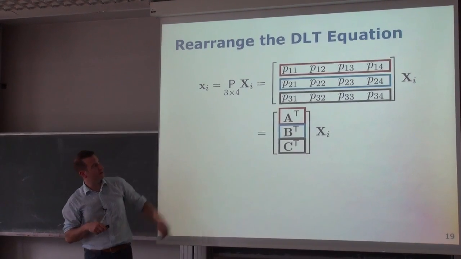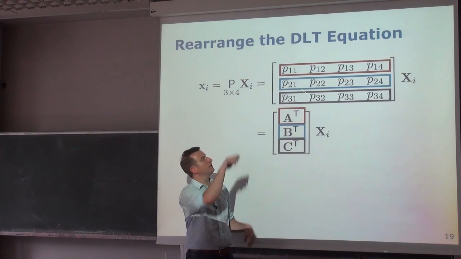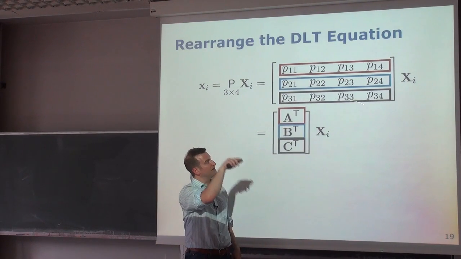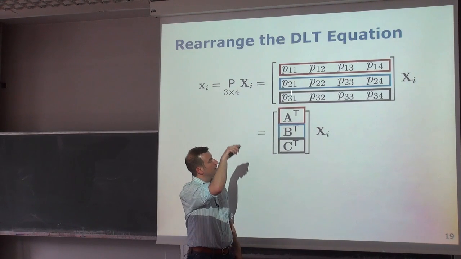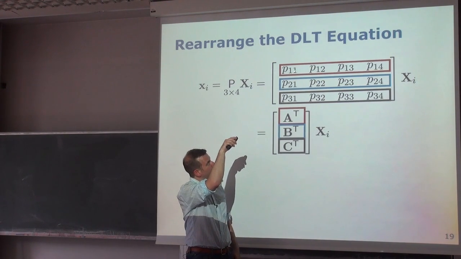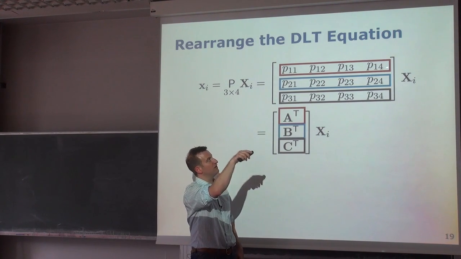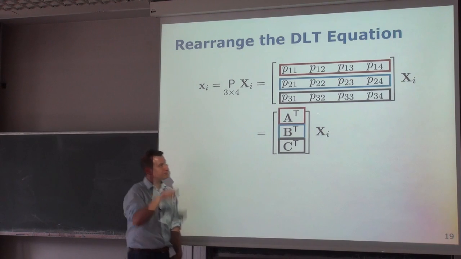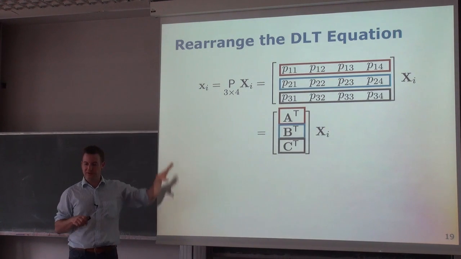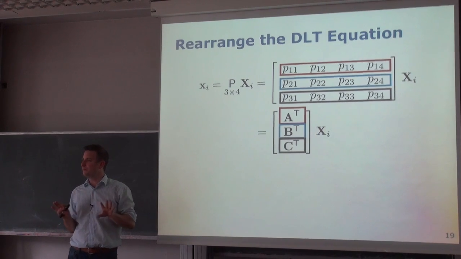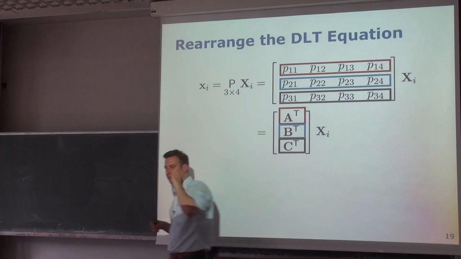If you do this, we can simply write the same thing as A transpose, B transpose, C transpose, where these are the individual vectors. So this vector A is P11, P12, P13, P14. So we transpose it, so it becomes a row here, and the colors indicate the corresponding things. And this is just a definition of how we define it. Nothing has happened except rewriting this in this form.